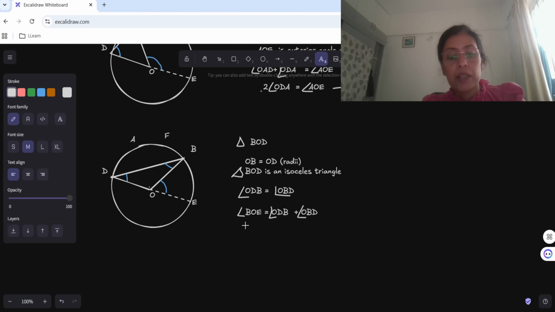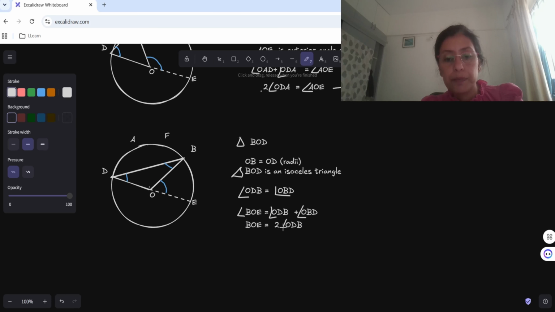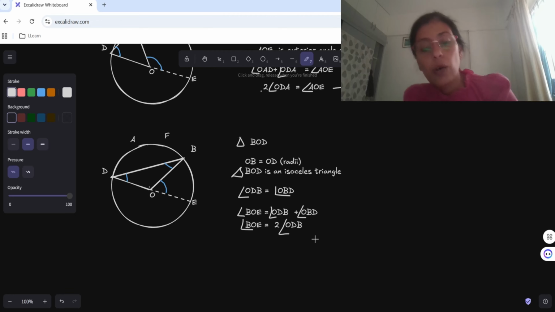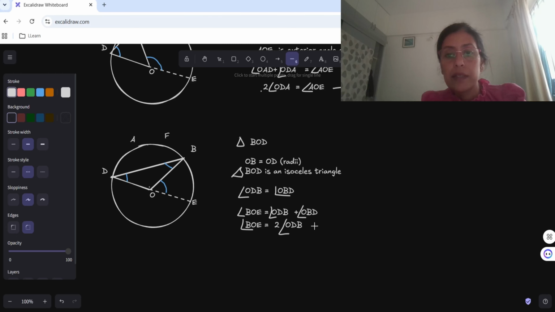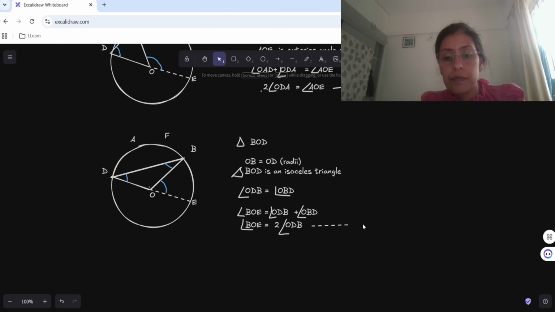We already wrote that and understood that multiple times. So we can say that this is twice of ODB. Why twice? This is ODB plus OBD, and OBD and ODB are equal. So ODB plus ODB makes it twice of ODB. So we are saying angle BOE is twice of angle ODB. And I'll say this is 2.